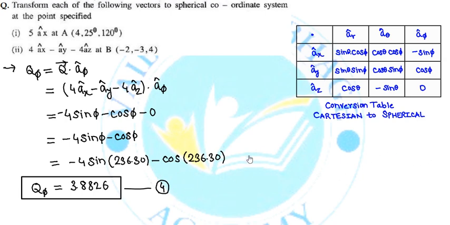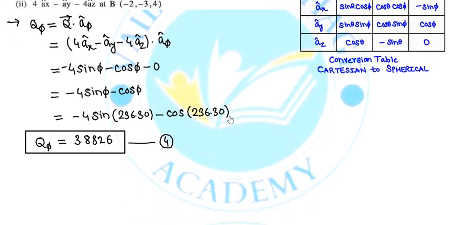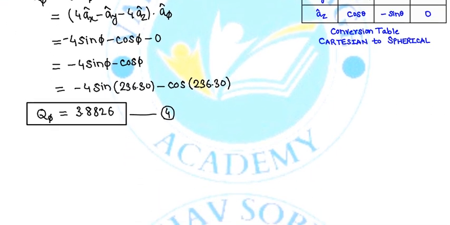Now we have the values of q r, q theta and q phi. We are going to combine all of those values and rewrite that vector q, which is expressed in terms of the spherical coordinate system. So we are going to combine equations 1, 2, 3 and 4 and rewrite that equation.